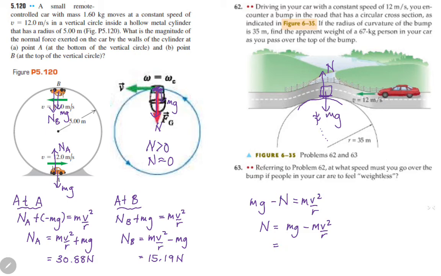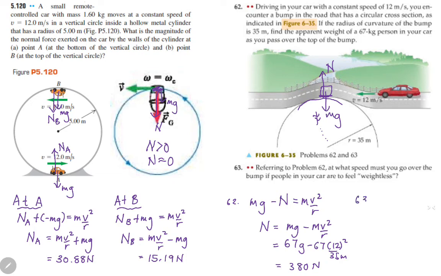So mg in this case is 67 times g, minus 67 times v squared, which is 12 squared, over the radius of rotation as shown in this circle, which is 35 meters. This gives you a value of 380 newtons. Okay, that was question 62.